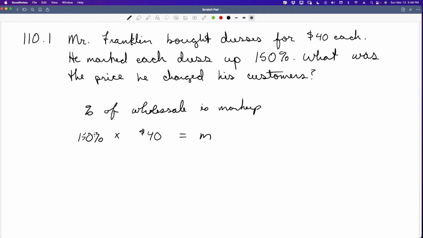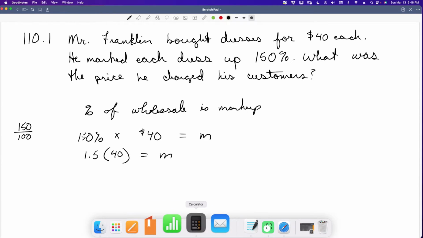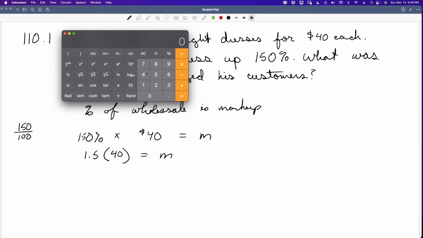So we convert the percentage into a decimal by saying 150 out of 100. When we divide that, we get 1.5 times $40, and that's going to equal the markup amount. So let's pull up our calculator, and we say 1.5 times 40 is equal to 60.